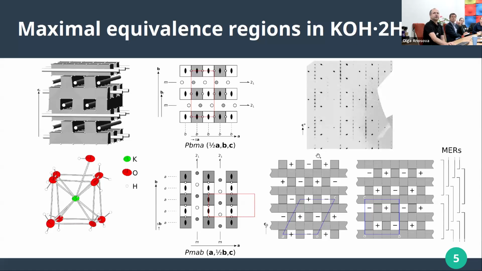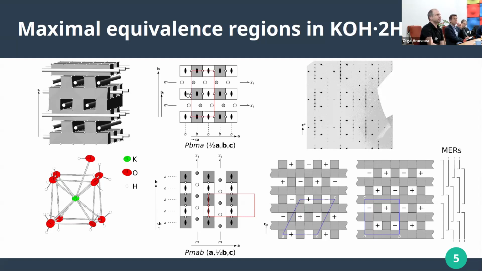Now, if you look at the diffraction pattern, you know that you have these streaks along c star. That means perfect order in the AB plane, but disorder in the c direction. And all these examples which I will show will always have the disorder in the z direction. So we know we have layers in the AB direction, and this is one symbolizing such a layer.